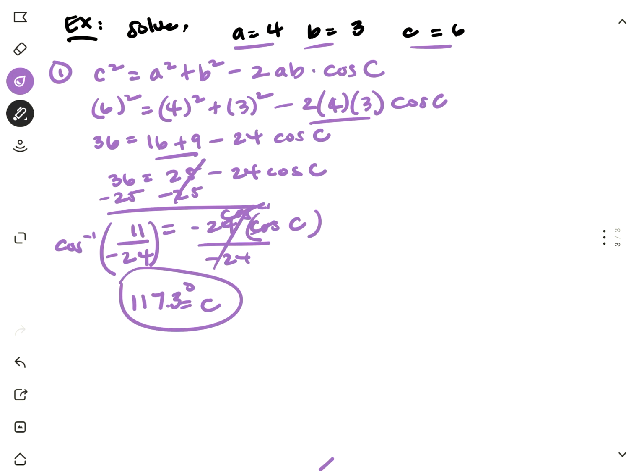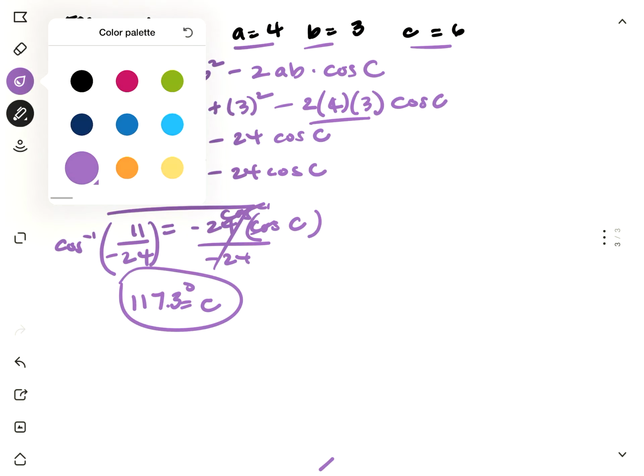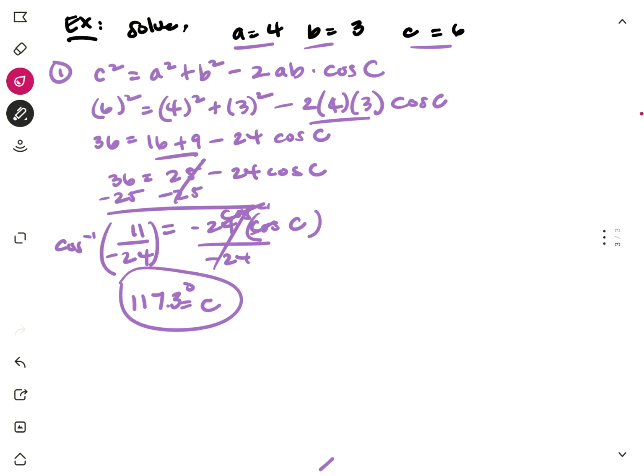We're kind of running out of room here, but maybe we can fit it in. Let's fit it in over here, just to save some space. If you guys want to start a new page, then feel free to. So let's find angle B then.